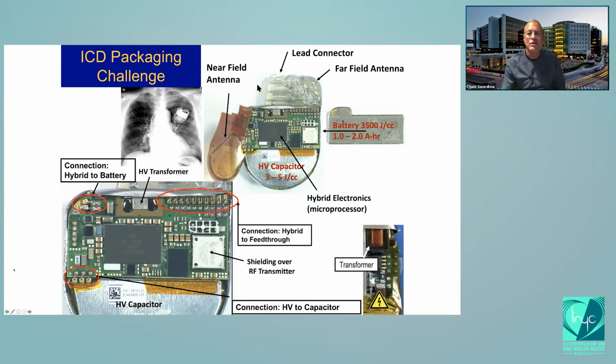So what else goes into a defibrillator when we look at it? Well, it's important to separate the header where you connect the leads from the electronics package, and what separates them are these feed-through circuits. Why do I point them out? Because outside of the device, the header is in the electromagnetically noisy environment that we all live in.